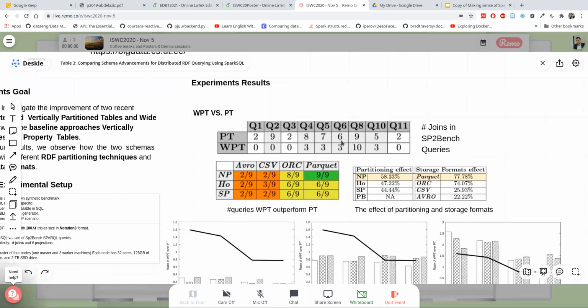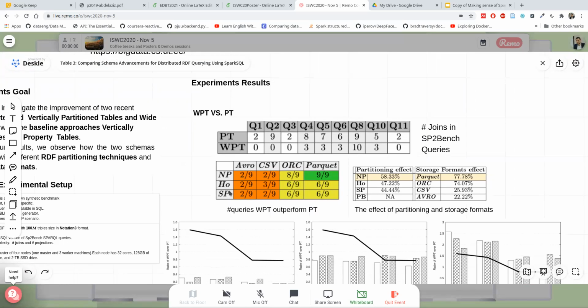The second table here shows the overall benchmark results of WPT versus PT across all five formats horizontally and all partitioning techniques vertically. The table values specify the number of queries in which WPT outperforms PT.